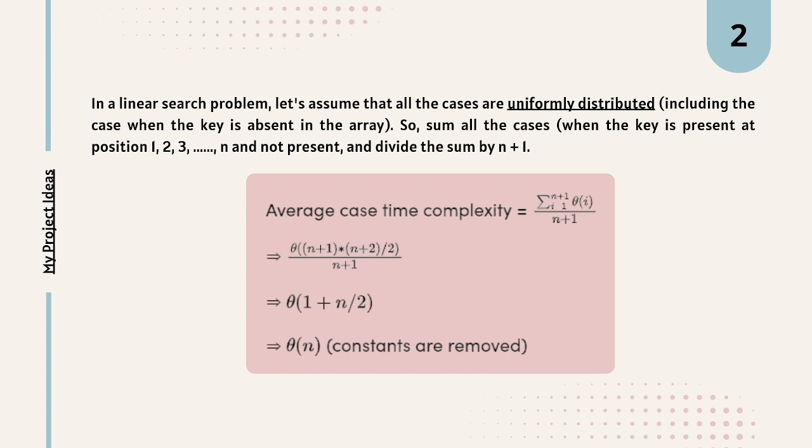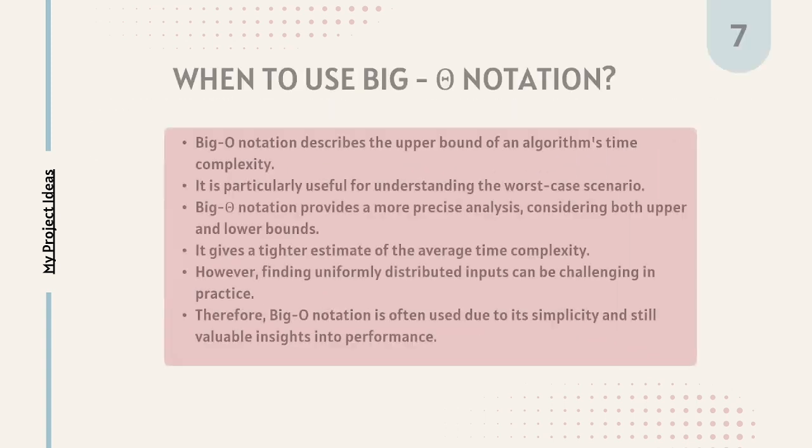The sum is n into n plus 1 by 2. So here the same thing is done: n plus 1 into n plus 2 by 2, divided by n plus 1. When you simplify, you get theta of 1 plus n by 2. If you remove all the constants, you get theta of n. So the average case complexity of this program is theta of n.